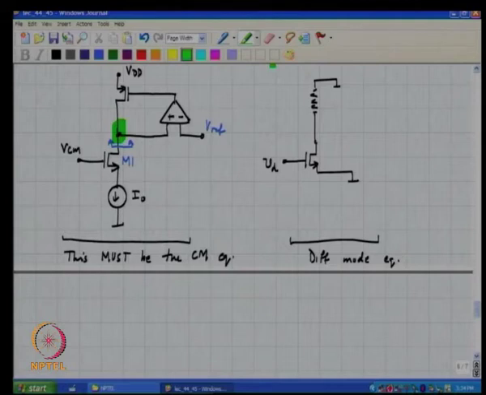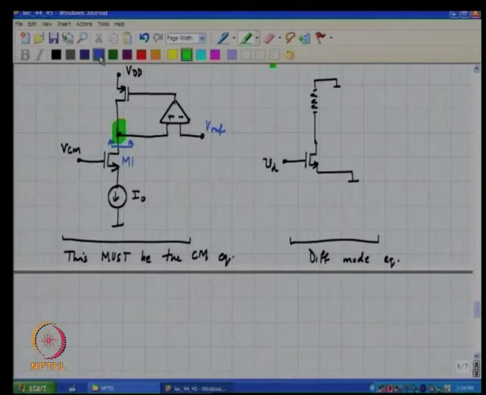So, in other words, since this is the common mode equivalent, this feedback loop makes the common mode impedance looking in from the drain of M1 0, right. So, let me just add that note here, ZCM is ideally 0.